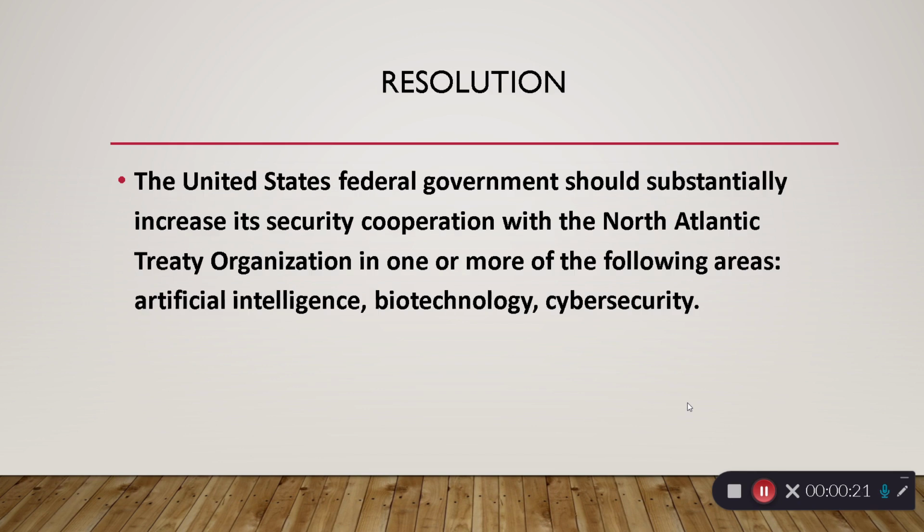First, just as a refresher, the resolution for this year: the United States federal government should substantially increase its security cooperation with the North Atlantic Treaty Organization in one or more of the following areas: artificial intelligence, biotechnology, cybersecurity.